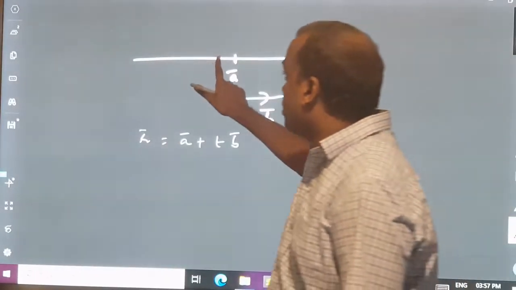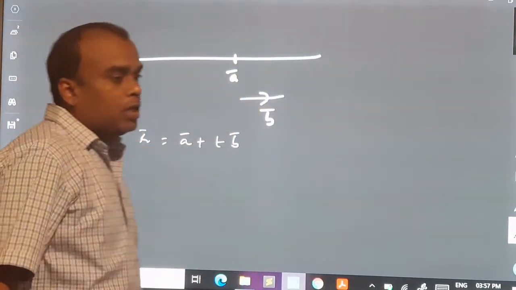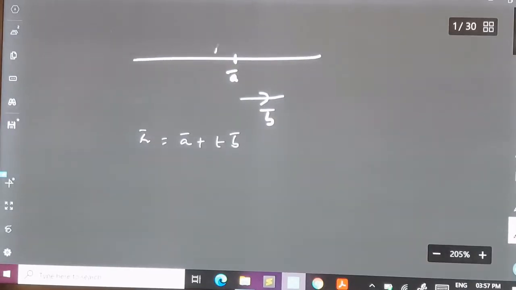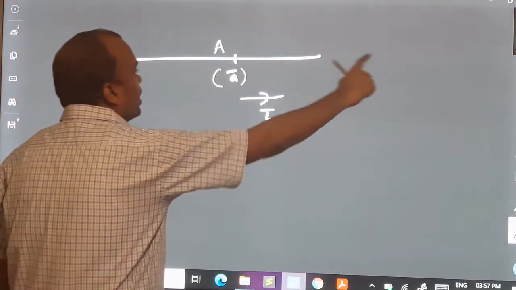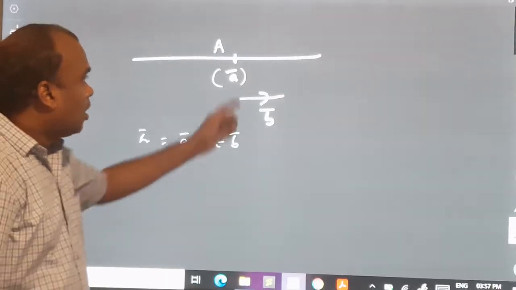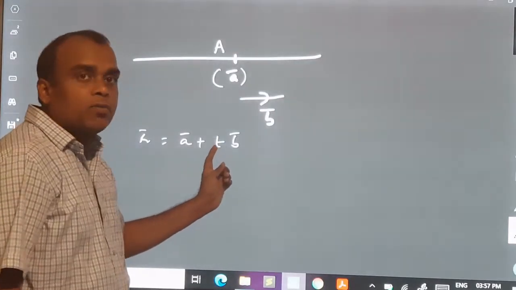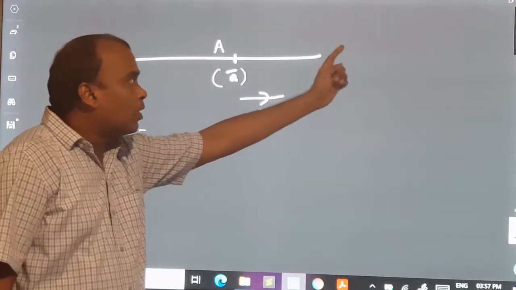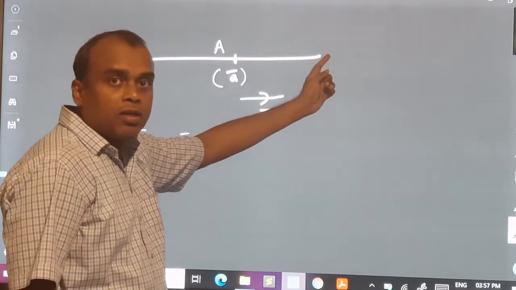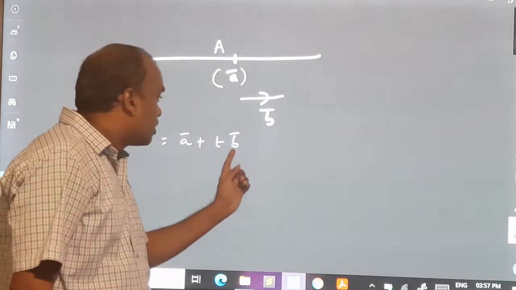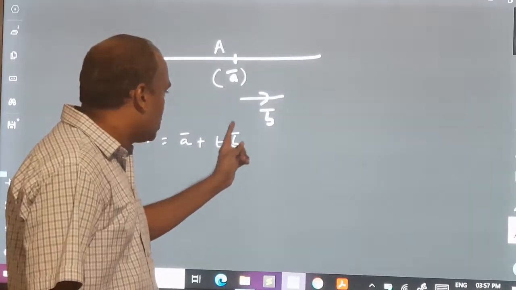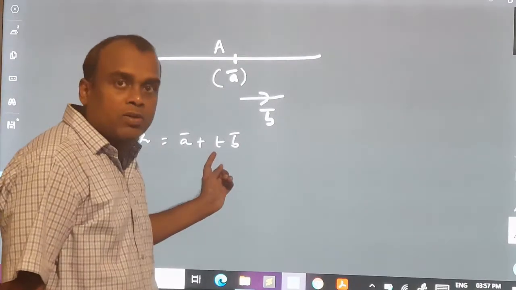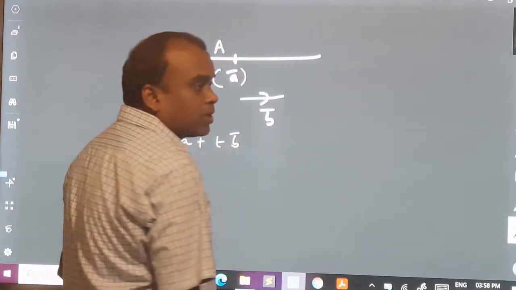Now, on this line, let me denote this point A bar by A. From this point A, if I want a point that is at a distance of 10 units on this line, then giving t equal to 10 won't get you that point. You should also make B bar a unit vector. If it is a unit vector, then giving t equal to 10, you will get a point at a distance of 10 units from here.